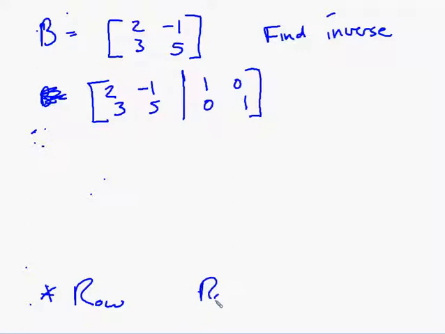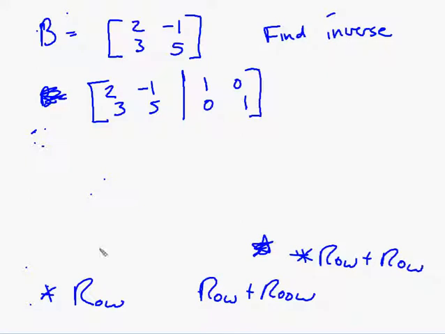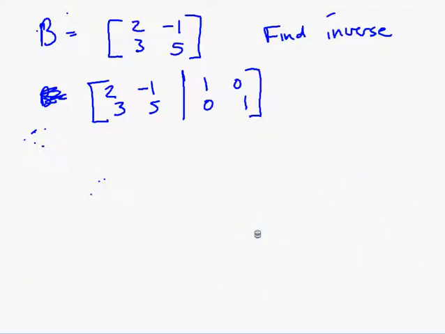I can take a row and add it to another row. And I can times a row and add it to a row. When you're doing this, you have to think like the elimination method from when we're solving equations. Those are the only things you're allowed to do. So I can't just randomly add a 1. That's not going to work.